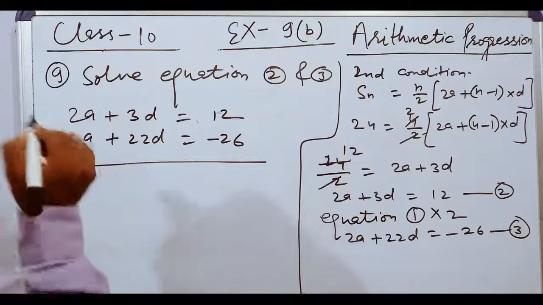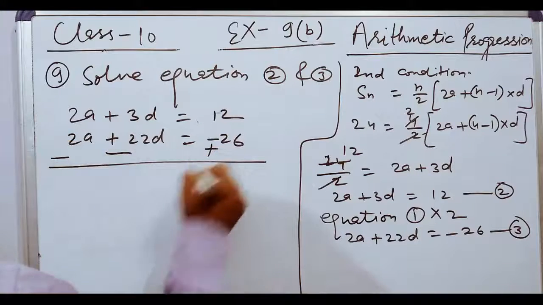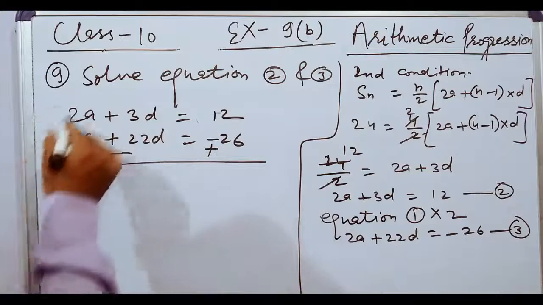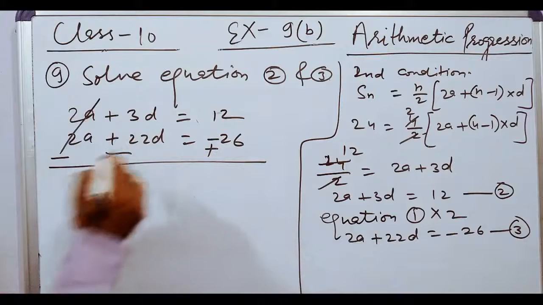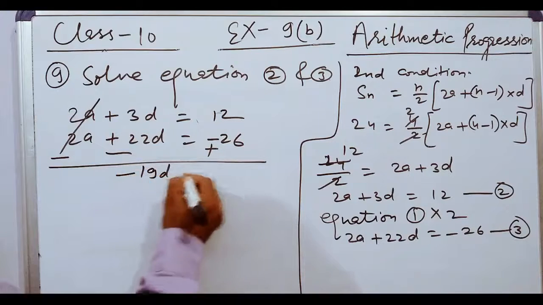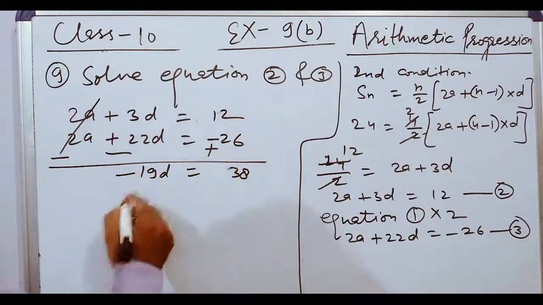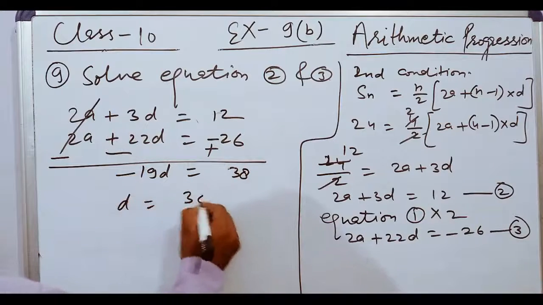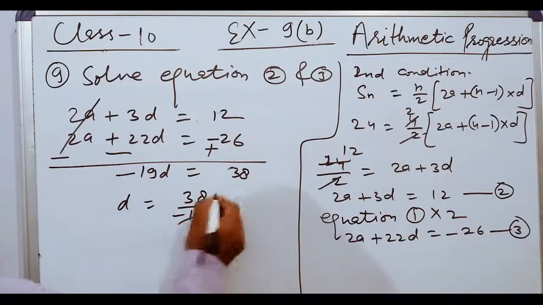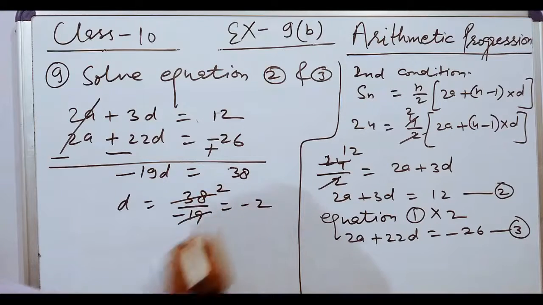Change the sign because the same sign was there and we have to cancel. It is minus 19d equals 38, d equals 38 upon minus 19, which is minus 2.